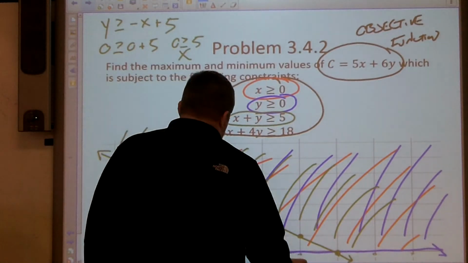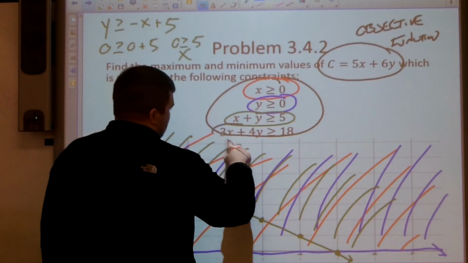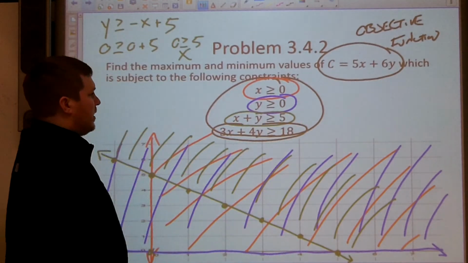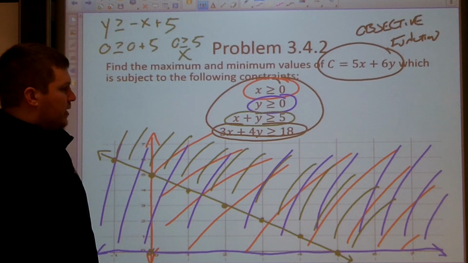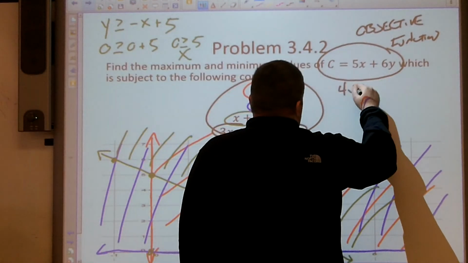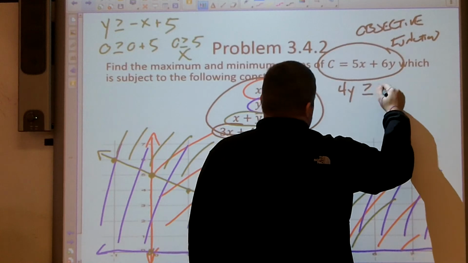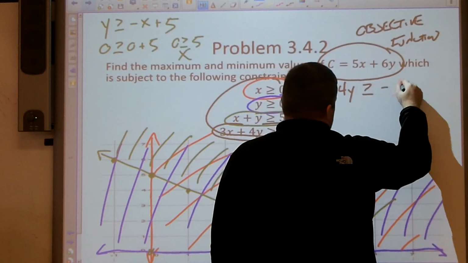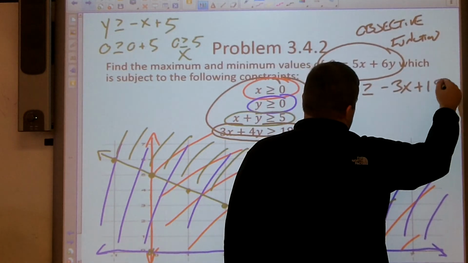And then we're going to do our last constraint, this one down here. So we have 3x plus 4y greater than or equal to 18. Now I'm just going to get y by itself, so I have 4y greater than or equal to negative 3x plus 18.